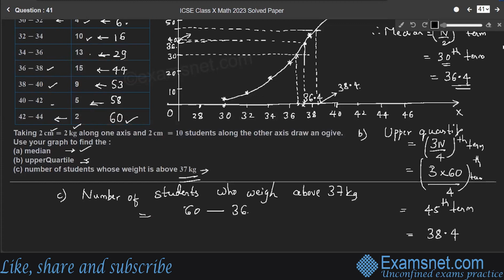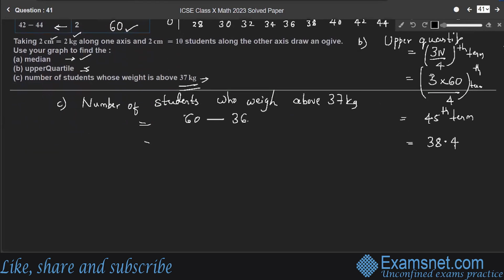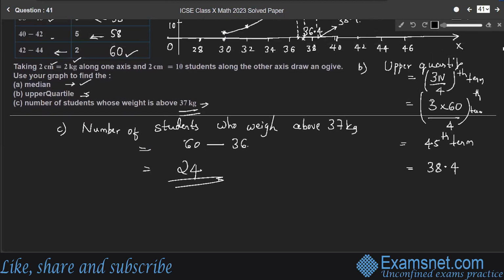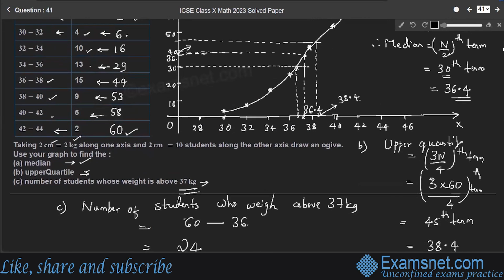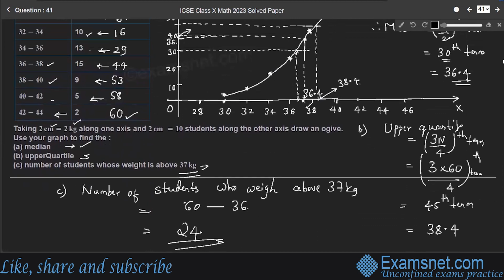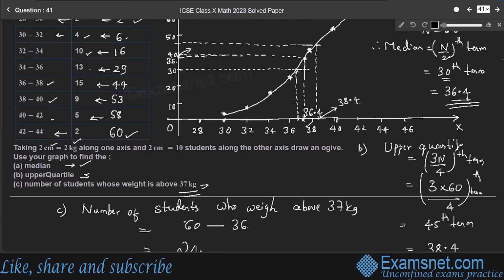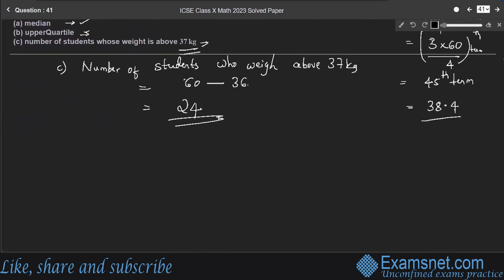So, therefore, it is 24. Yes. So, 24 students weigh above 37 kg, right? Therefore, the answer is 24, right? Whereas median is 36.4 and upper quartile is 38.4 and number of students who weigh above 37 kg is equal to 24. Right? With this, I am completing this paper.